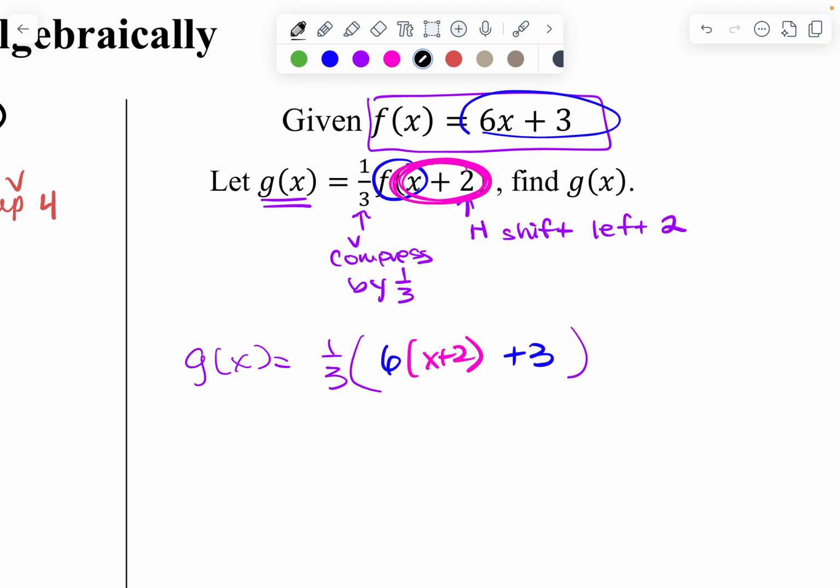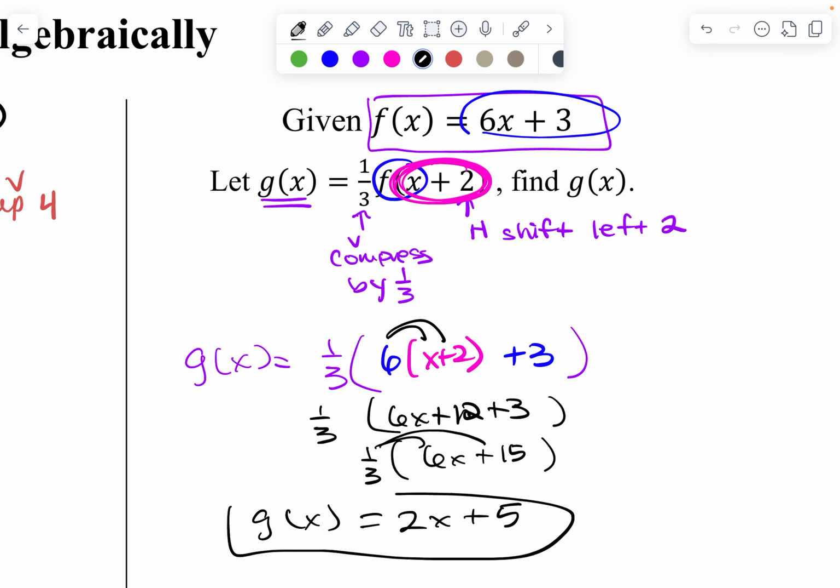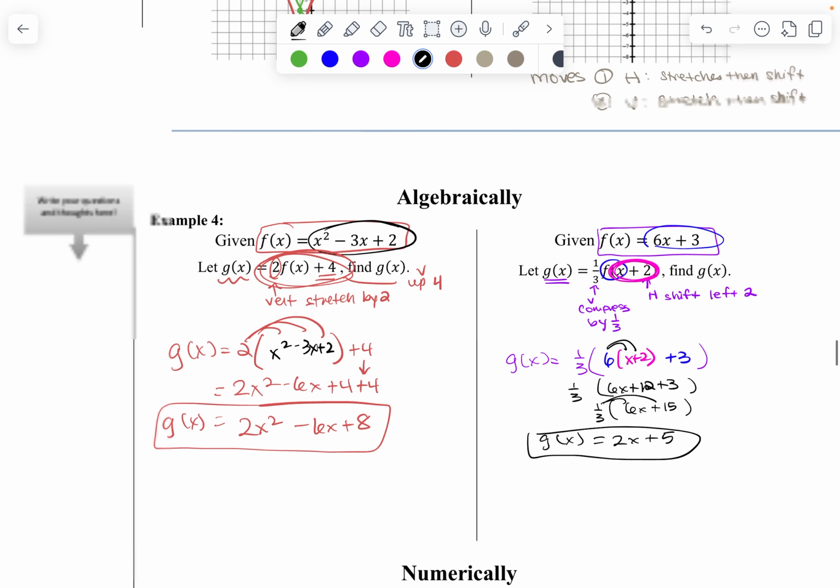So now I'm going to evaluate this. So I'm going to do inside parentheses first. We're going to distribute. We get 6x plus 12. And then add the 3. So this becomes 6x plus 15. Multiply everything by 1/3. And we get 2x plus 1/3 of 15, which is just 5. So g of x equals the result of 2x plus 5.